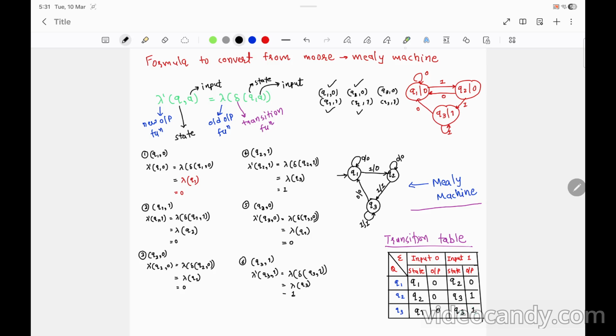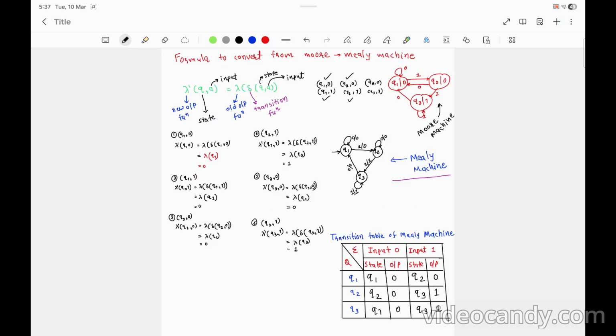So this is the transition table of the Mealy machine. This is the Moore machine. This is how we convert from a Moore machine to a Mealy machine.